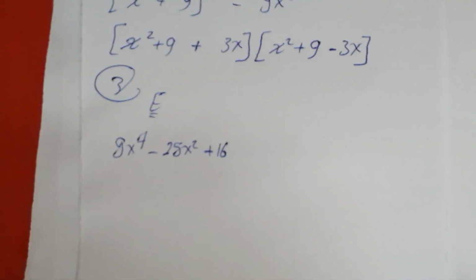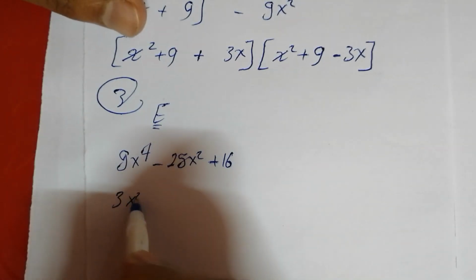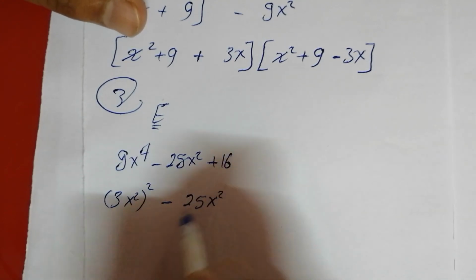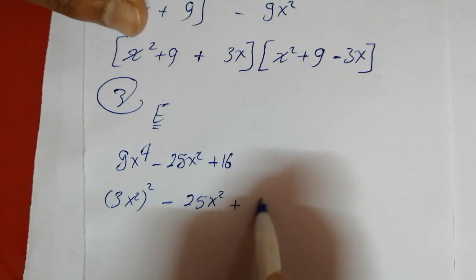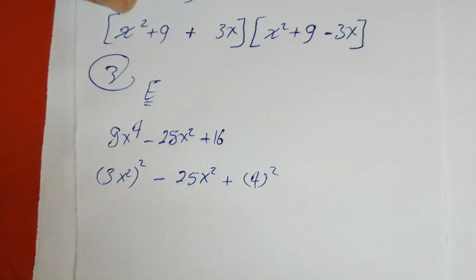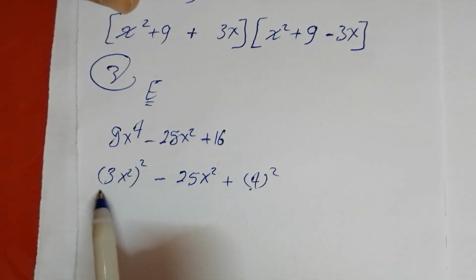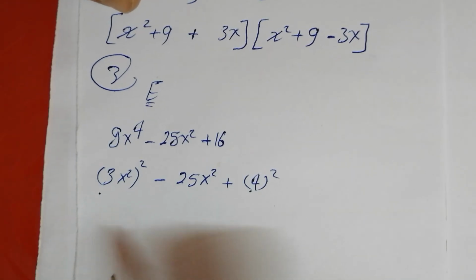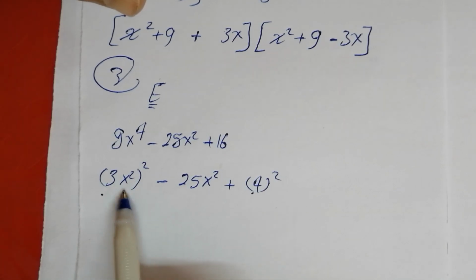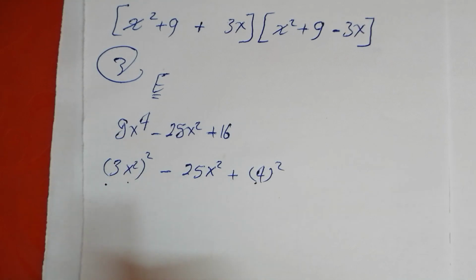It's 9x power 4, which means 3x power 2 all squared, minus 25x squared, plus 4 squared. So the middle term should be 2 by 3x squared by 4, which means 2 by 12, which is equal to 24x squared. But we don't have 24x squared. We have minus 25x squared.